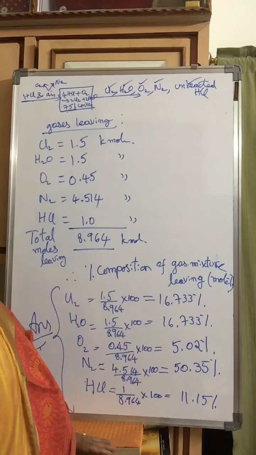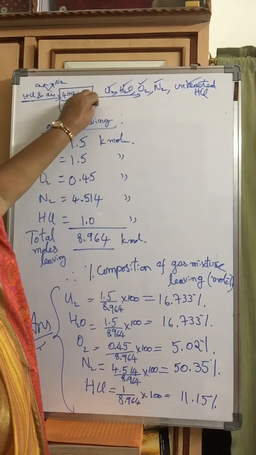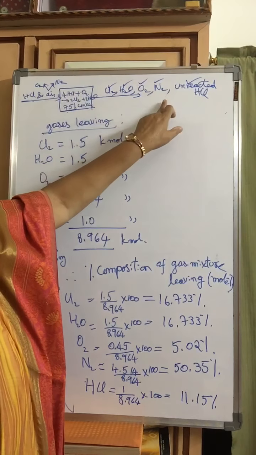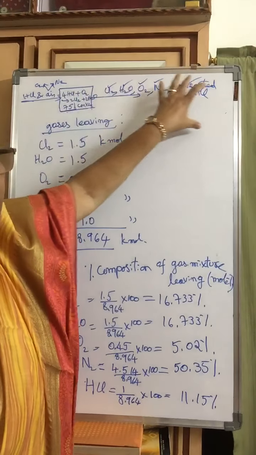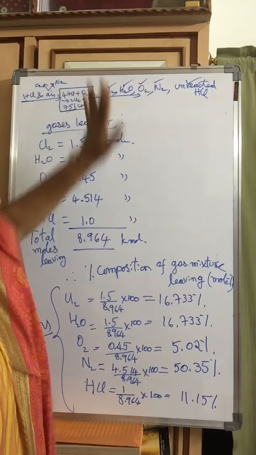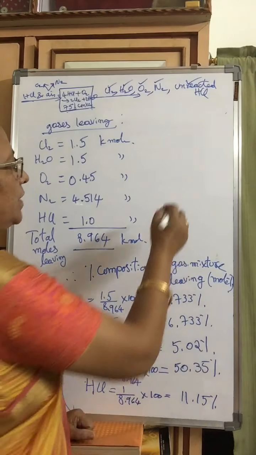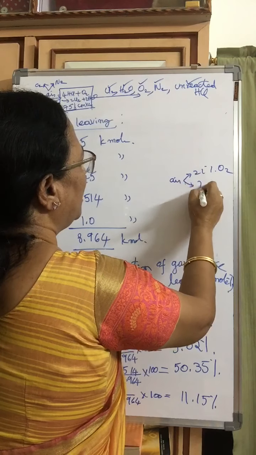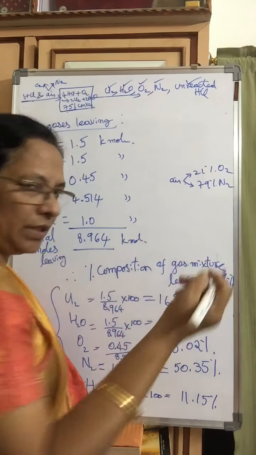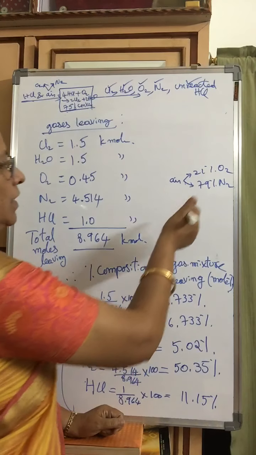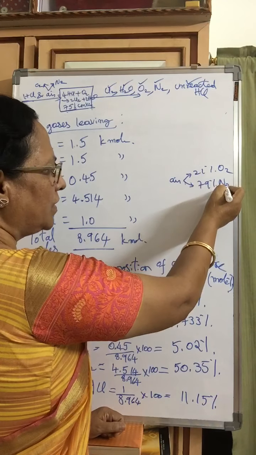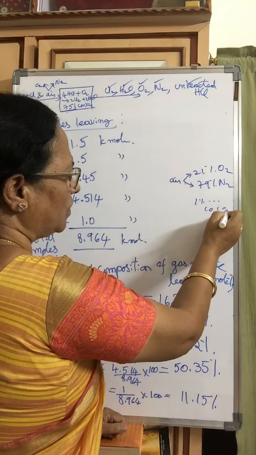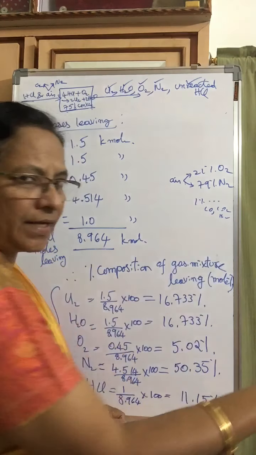This is the composition of the gases leaving. When a reaction is taking place, by writing the material balance for each component, we are able to find the composition of the total gaseous mixture leaving. One point here is that we are assuming air composition as 21% oxygen and 79% nitrogen, with little error, because air contains not only oxygen and nitrogen but about 1% of other gases like CO, CO2, some water molecules and inert gases.